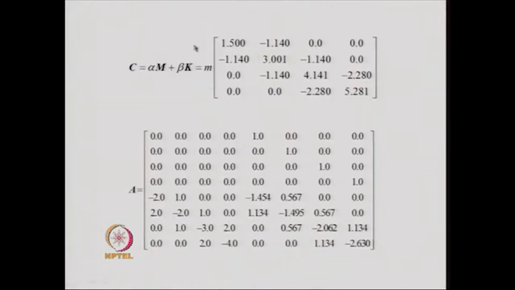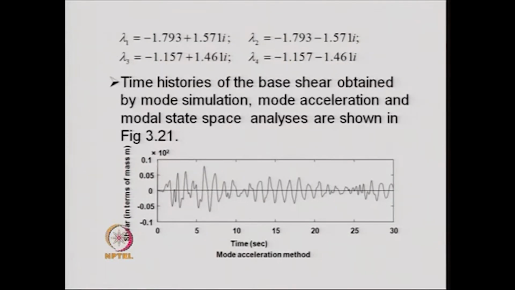We obtained a C matrix for that, finding out alpha and beta from the first 2 frequencies, and once we get the C matrix, then we can obtain the state space matrix A for the entire thing and go for a state space analysis.